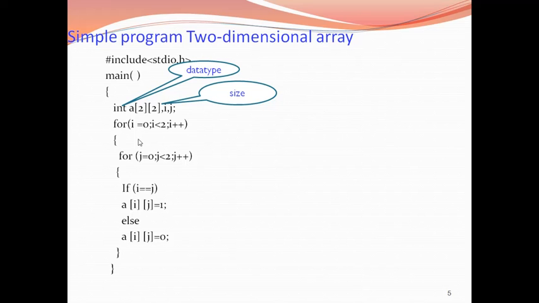The two elements are where the i value and j value are equal.